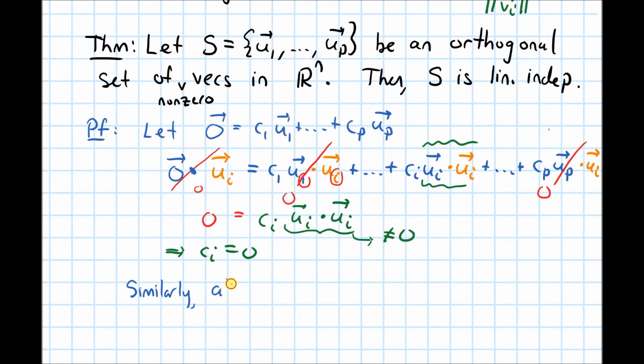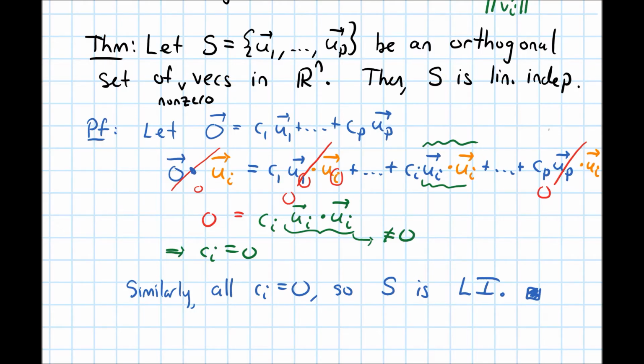So similarly, all of the ci's, all of these weights, equal 0. And as a result, S is linearly independent. So this theorem is really important. Whenever we have a set of orthogonal non-zero vectors, that set is linearly independent.